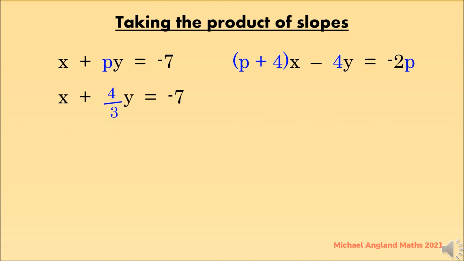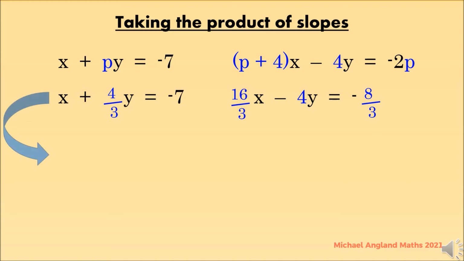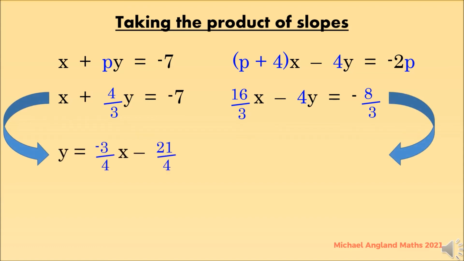When we substitute for p, that becomes 16 on 3x minus 4y is equal to minus 8 on 3. Now, if we rearrange those equations from standard form into slope intercept form, for the left hand side we get y is equal to minus 3/4 x minus 21 on 4, and for the right hand side we get y is equal to 4 on 3x plus 2/3.